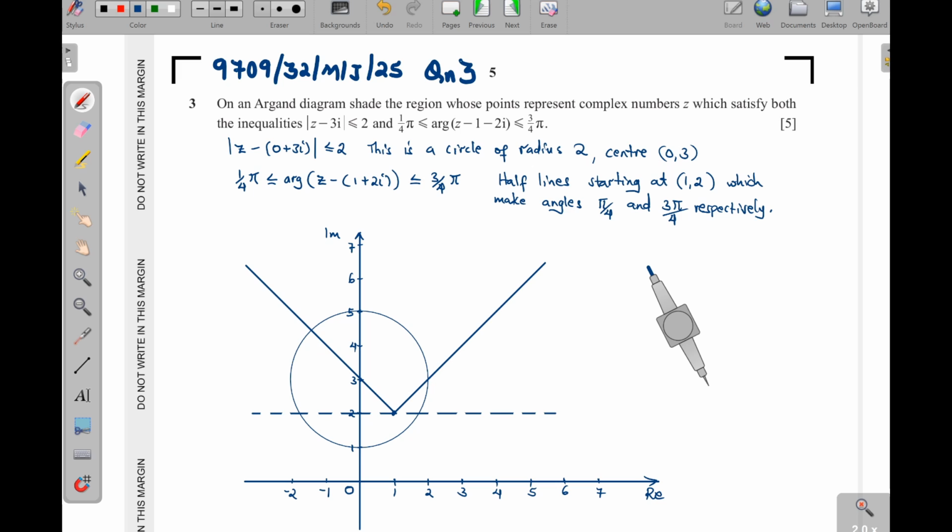So when we are shading, we are supposed to consider a region inside the circle and in between these two lines. So therefore, this is the one here. So we shade each and everything here. And that is going to be our diagram.